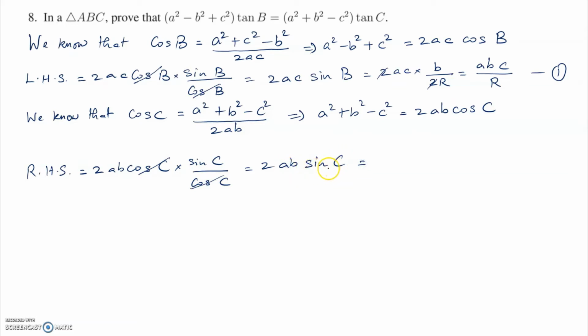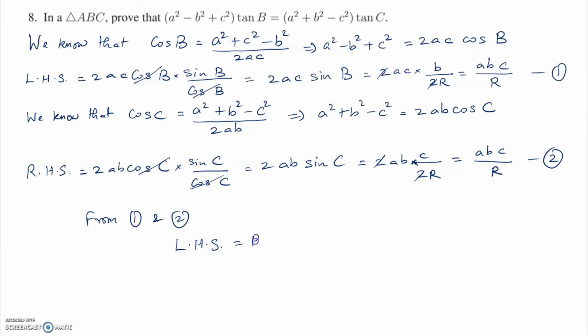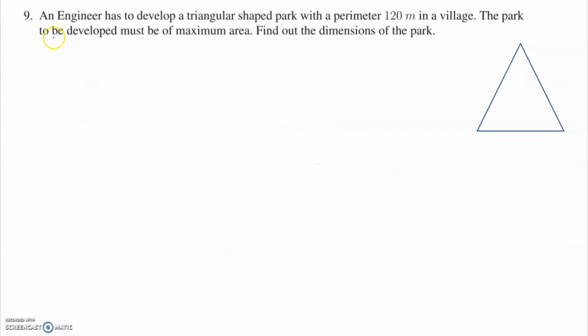Again, sin c can be rewritten as c by 2r, keeping the 2ab as it is. 2 and 2 will get cancelled. So this is equal to abc by r. Let's call this 2. So from 1 and 2, our LHS is equal to RHS. Hence the proof.